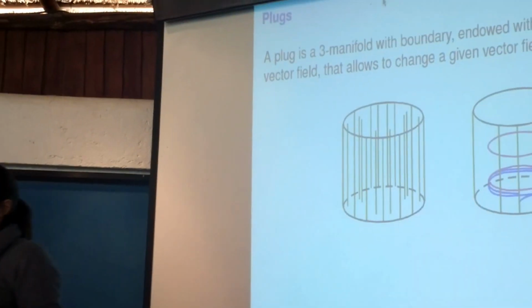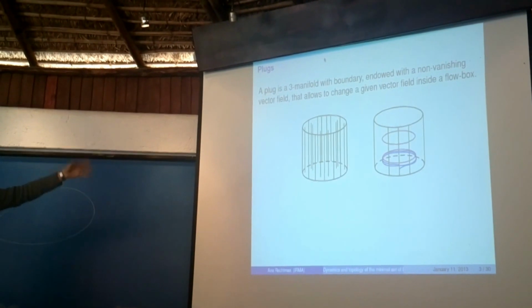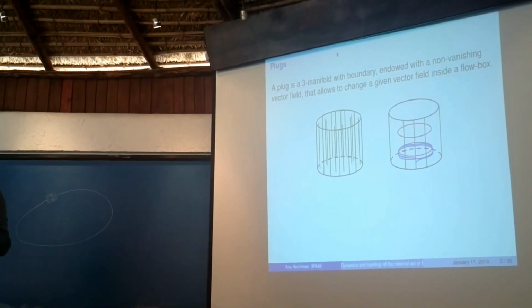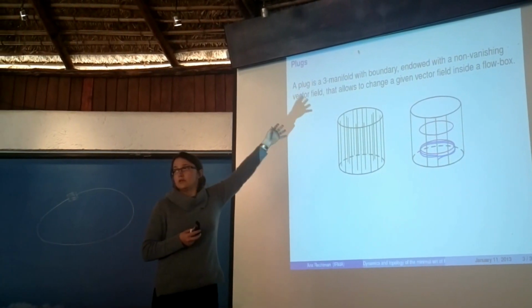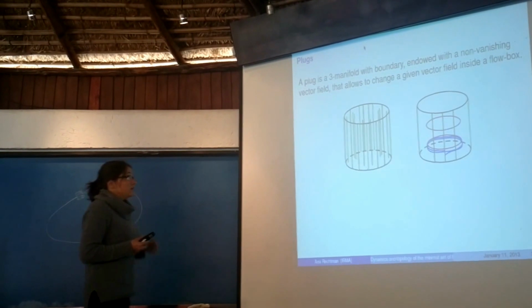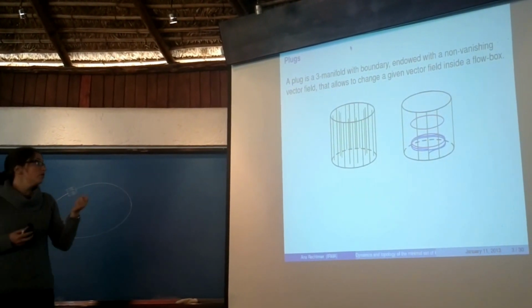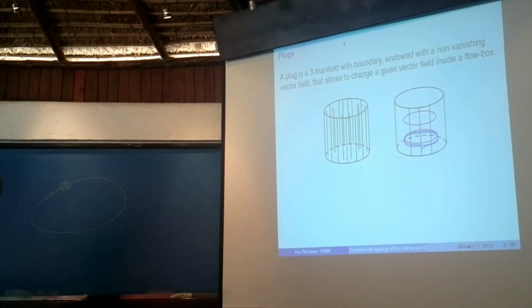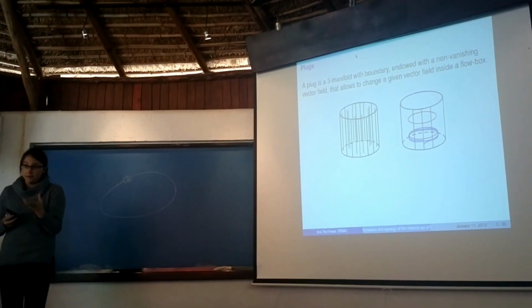So what do you need to be able to do that? Well, the first thing you need is that the vector field has to be vertical near the boundary. So in a plug, the vector field will always be vertical near the boundary of the plug. The other thing you want is to have trapped orbits. So an orbit like the blue one will come in, and then will start turning around inside the plug, but will never go out of the plug.